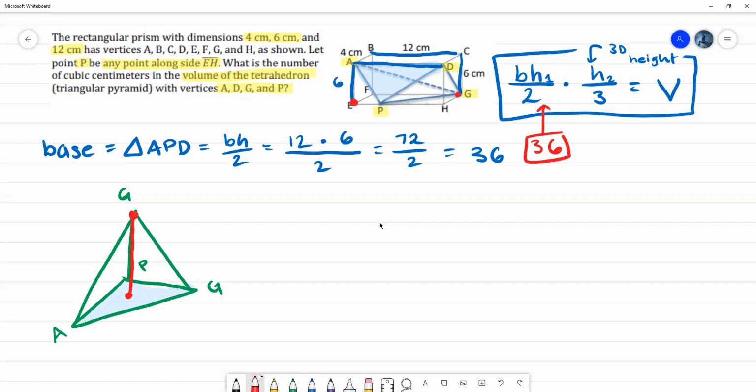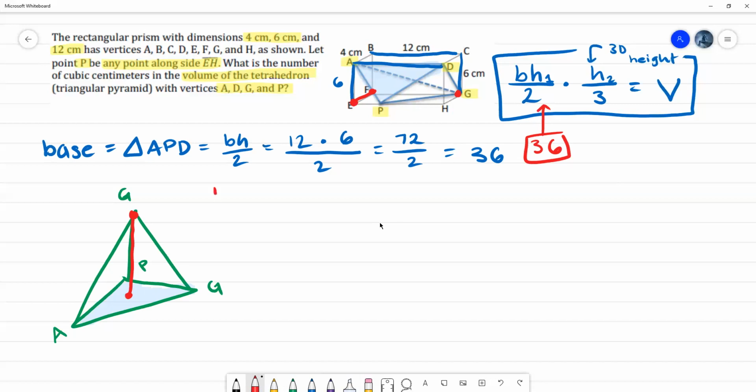Because G and F are both on the same face, this face right here, we can say that the height of the tetrahedron is EF, because E is on the same face as the base, and F is parallel to the point where the tetrahedron stops.